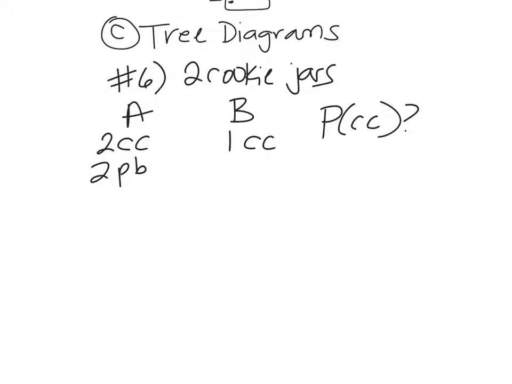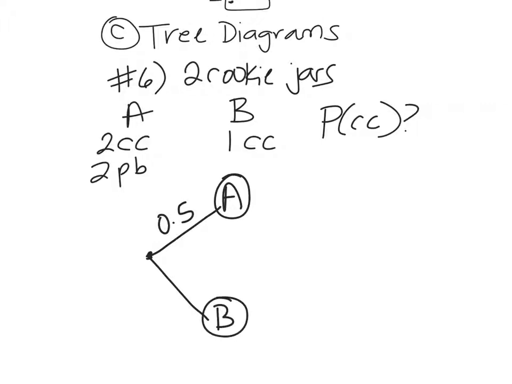Okay, so here's doing a tree diagram. All right, let's say you pick jar A. You have a 1/2 chance, 0.5 chance of picking jar A. Here's jar B. You have a 1/2 chance of picking jar B. Now, from jar A, you can pick a chocolate chip, a peanut butter, or a peanut butter, right?